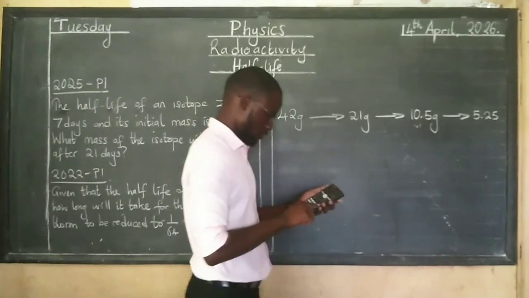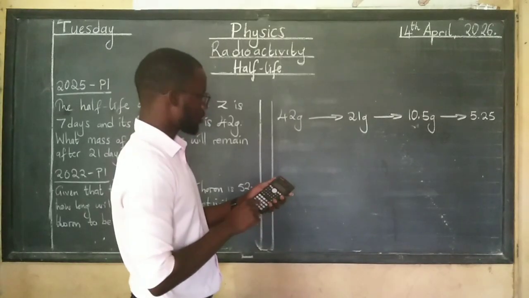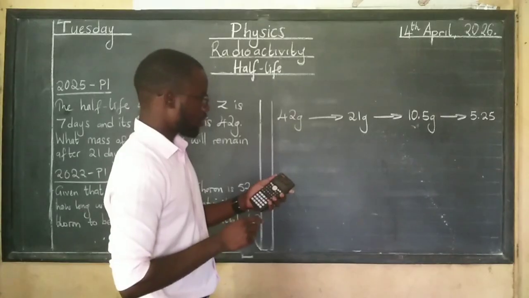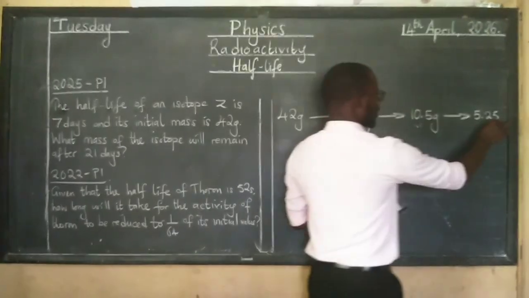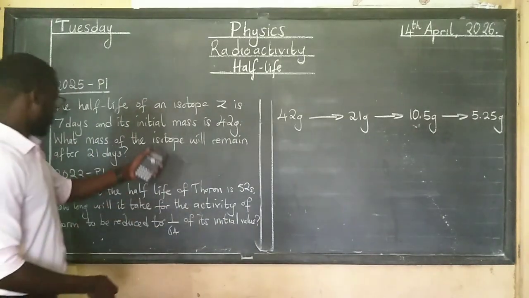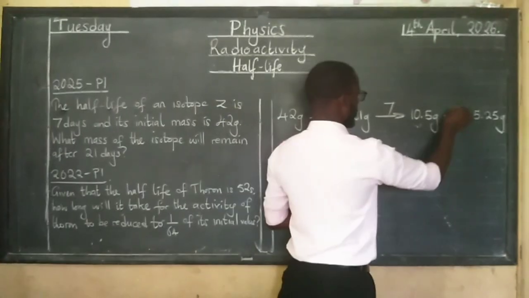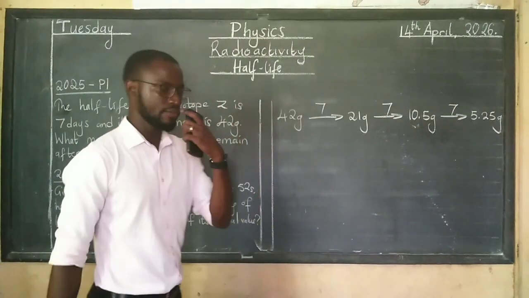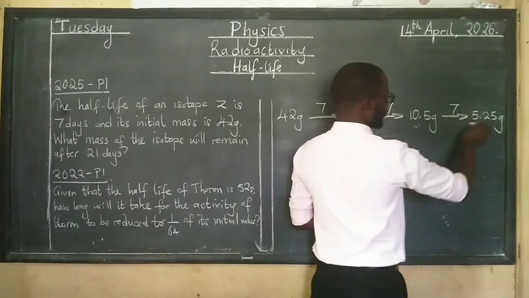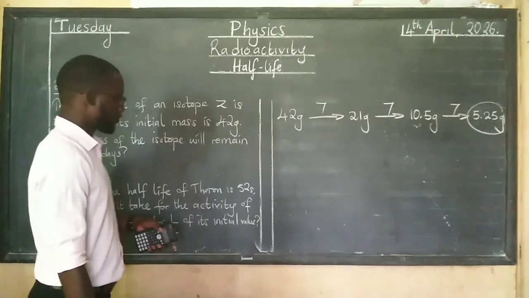Let me just confirm: 42 divided by 2, yes, then 10.5 divided by 2 is 5.25 grams. If I want, I can continue, but let's see if this will suffice. We want to go as far as 21 days, so this is 7, 7, 7 as my half-life. 7 plus 7 is 14, plus 7 is 21. So after 21 days, it will be 5.25 grams.